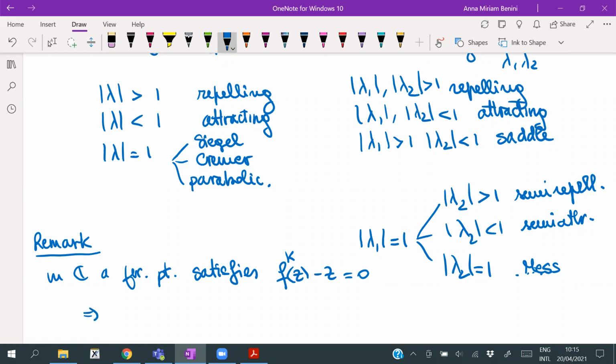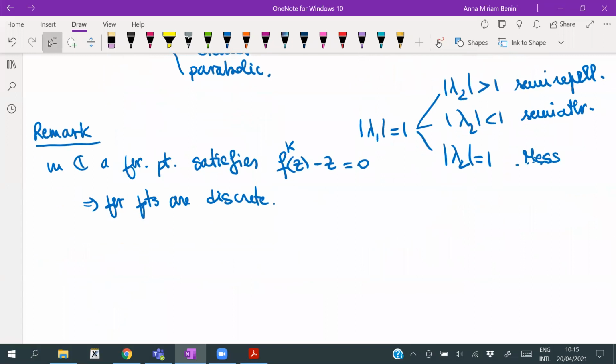So periodic points of any period are discrete. When you look at maps from C^2 to C^2, this is no longer obvious. They could form complex curves, okay?